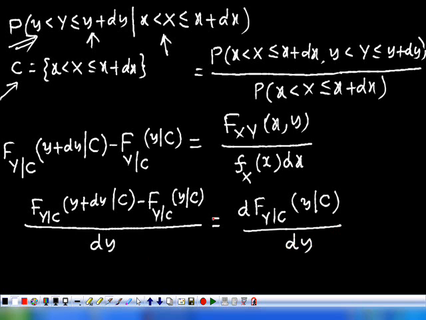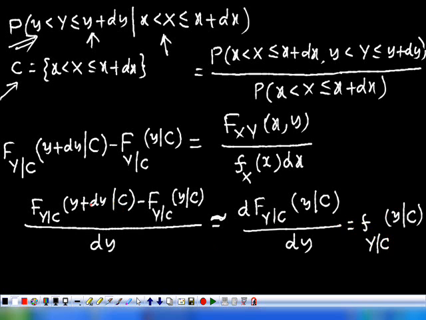Here I can do one thing, approximately. Why approximately? We are letting this dx or dy tend to 0. We already assumed it. So this is the derivative of this, as we are dividing this with this. Now, this is equivalent to how much? Can I write this as Fy given C?